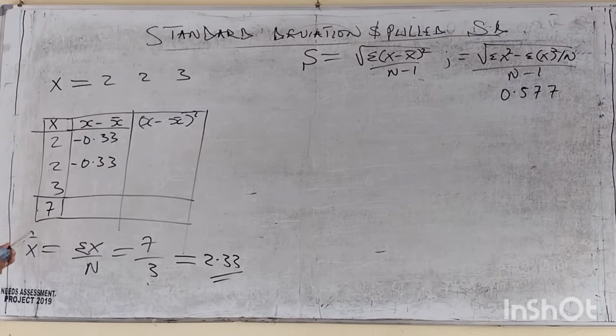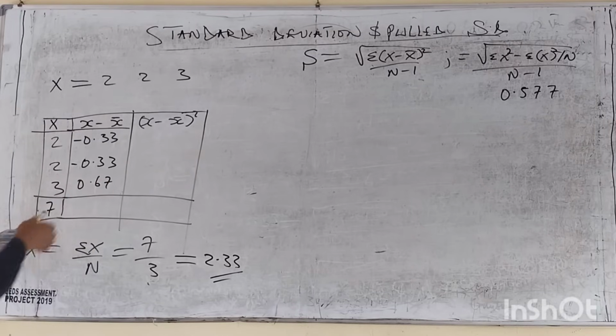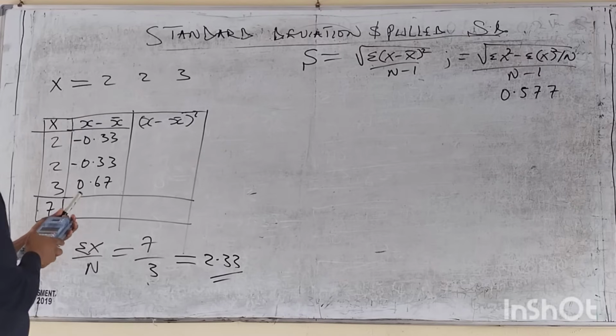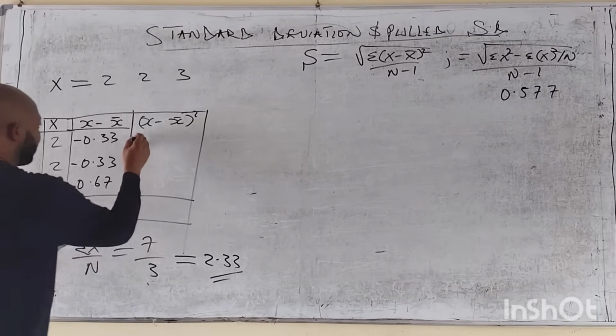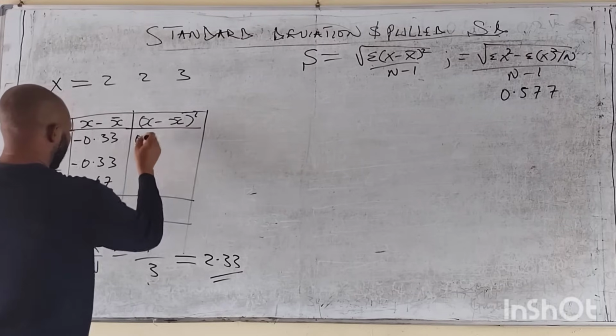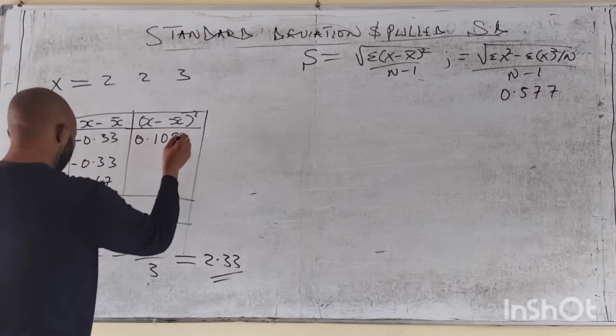And the last one is 3 minus 2.33, which is 0.67. Let's square them. Minus 0.33 squared gives us 0.1089.